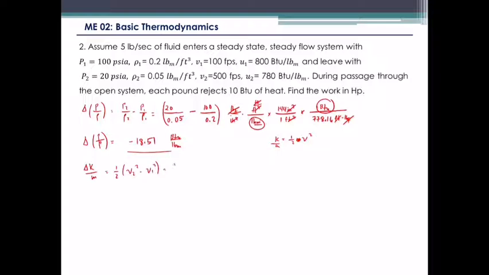So 1/2, V2 is 500 squared minus V1 squared, 100 squared.